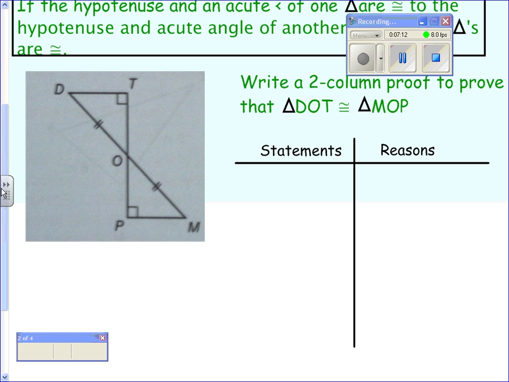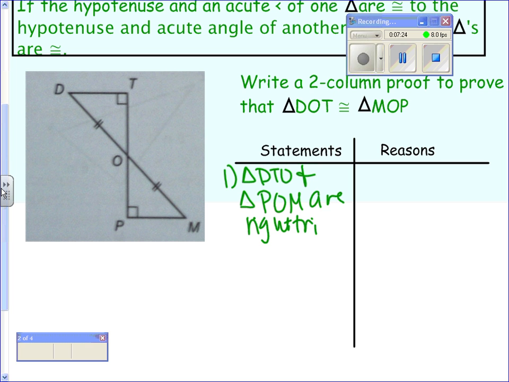I would say triangle DTO and triangle TOM are right. We'll get there. Does that make sense?